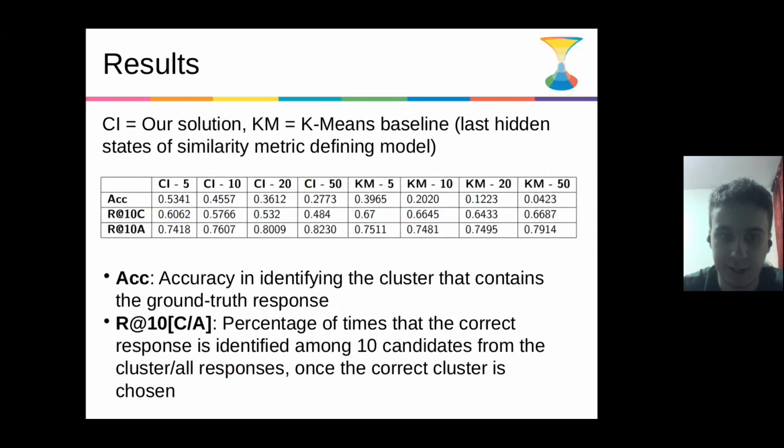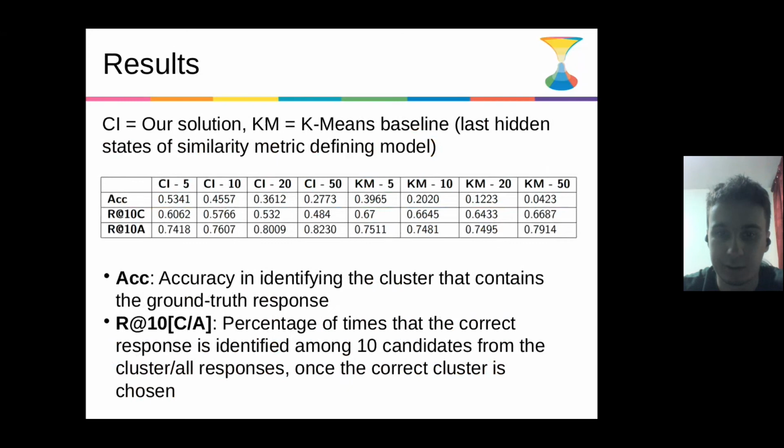Whereas R at 10A is the percentage of times that the correct response is identified among 10 candidates, where the 9 wrong candidates are chosen from all possible responses, as opposed to from the correct cluster.